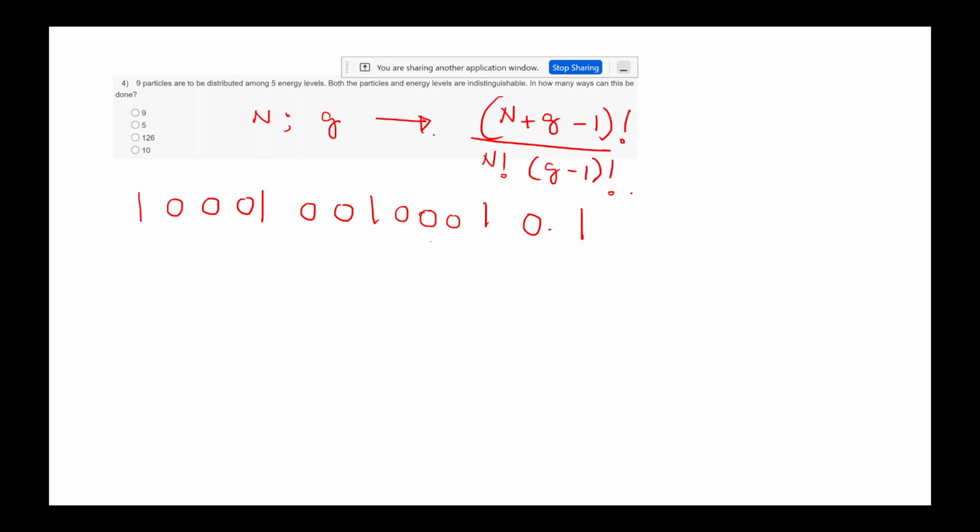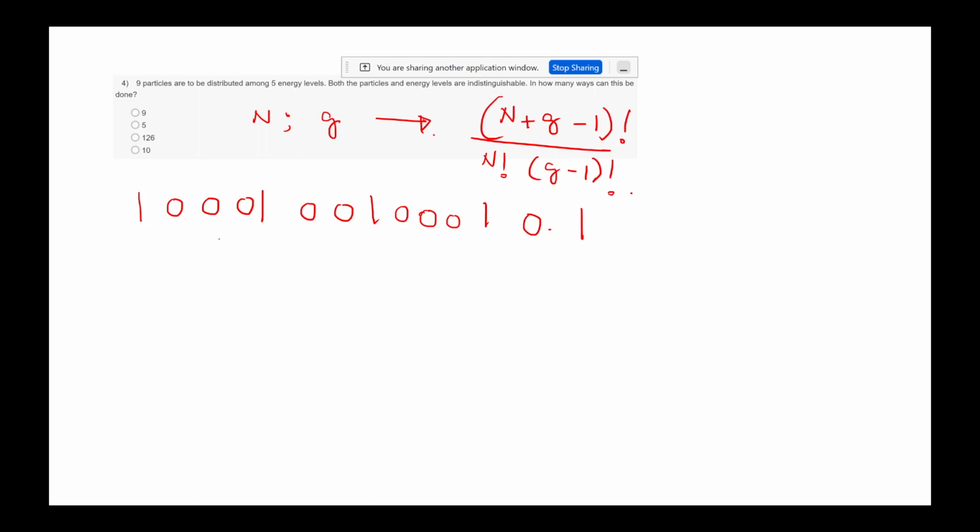So here we can say that in one energy level there is 1 particle, in one energy level there are 3 particles, in one energy level 2 particles, in one level 3 particles, and another level is empty.